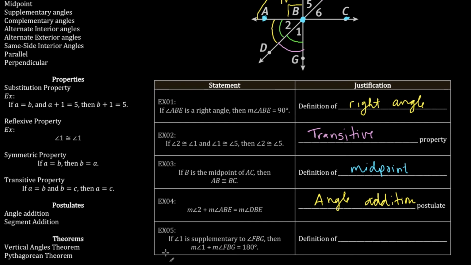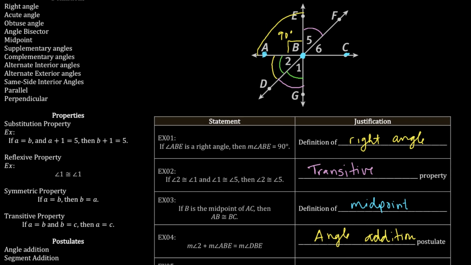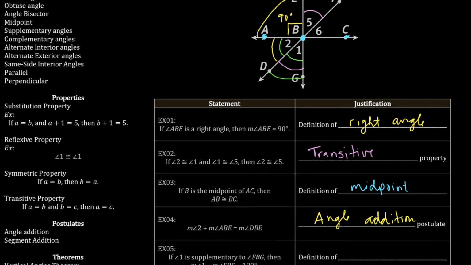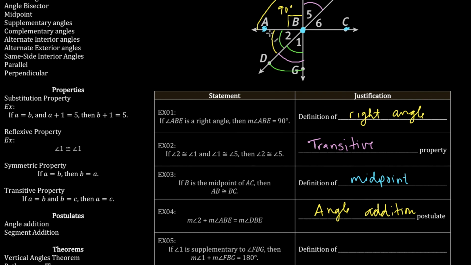We have one more. If angle 1 is supplementary to FBG, then angle 1 plus FBG equals 180.